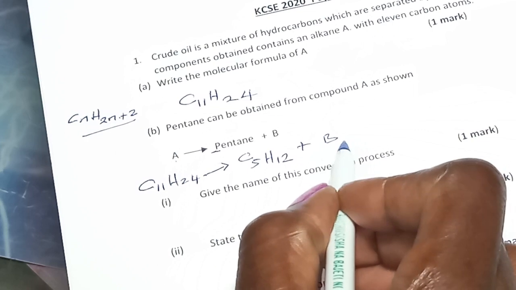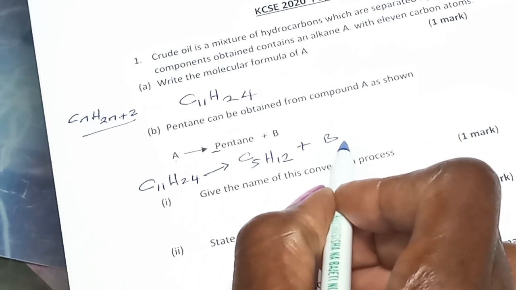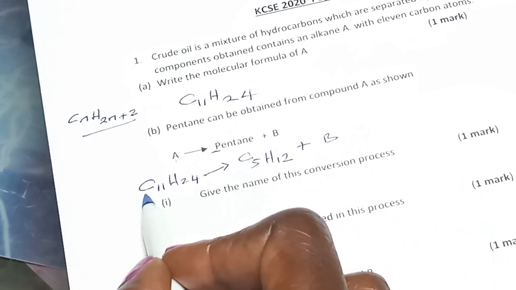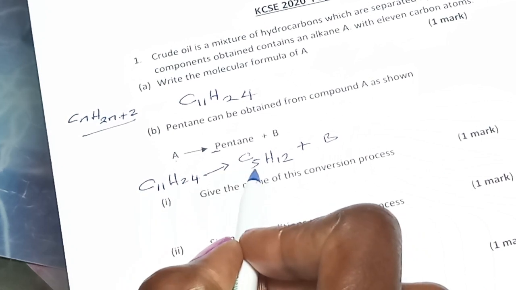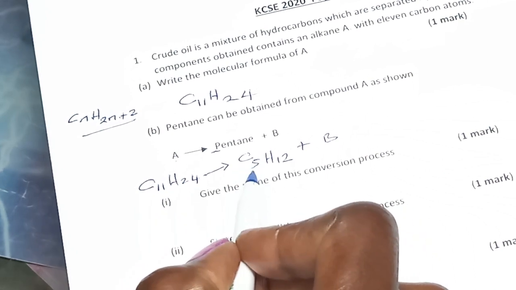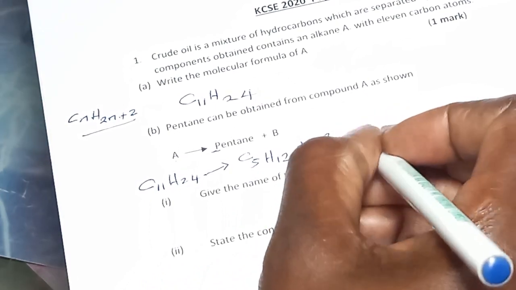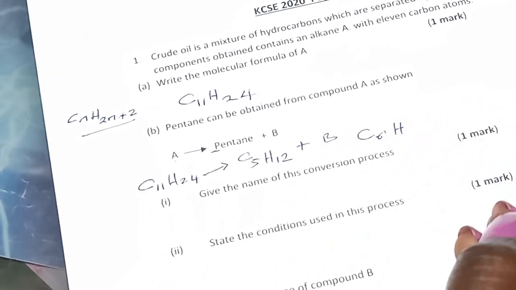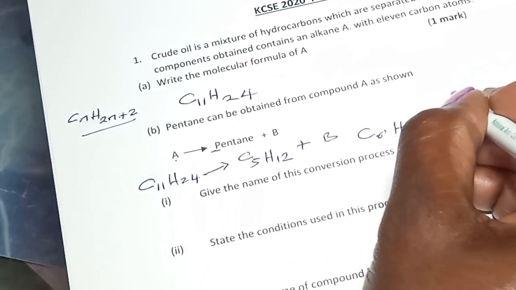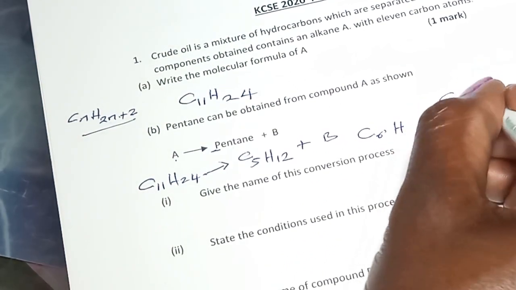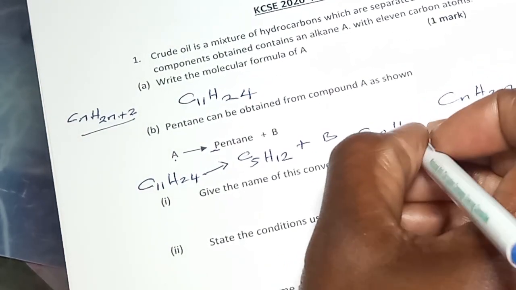So B is an alkene, and the number of carbon atoms will be the difference between the starting alkane and the alkane that is formed. So you have a 6 carbon alkene, so B will be C6. Because it's an alkene, the homologous series is CnH2n, so H will be 12.